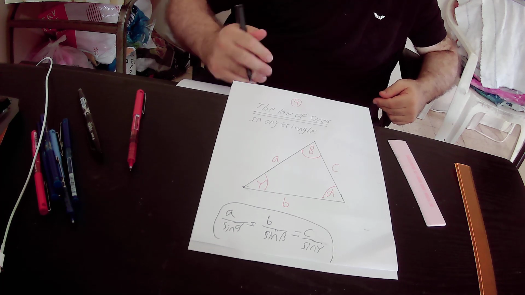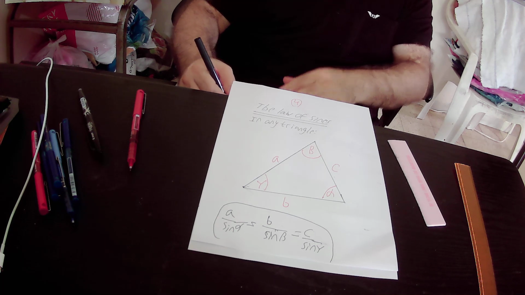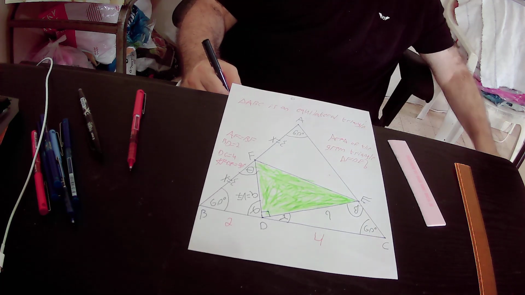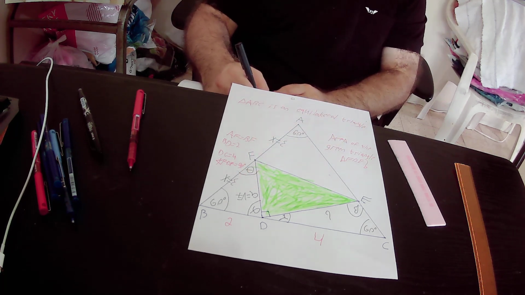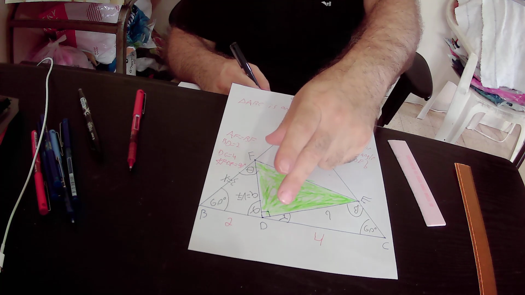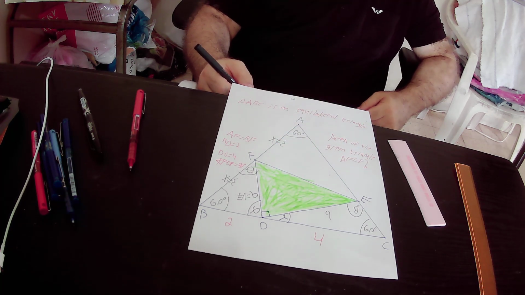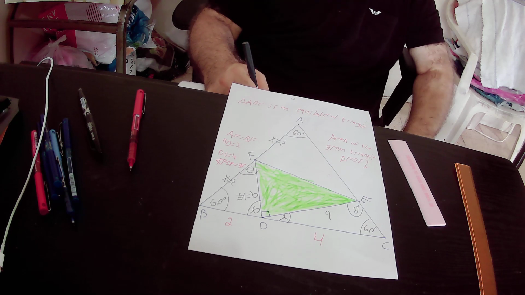Okay, and again we can implement the law of sines in triangle FBD, in this triangle, in order to find out the value of FD. So we will focus on triangle FBD.